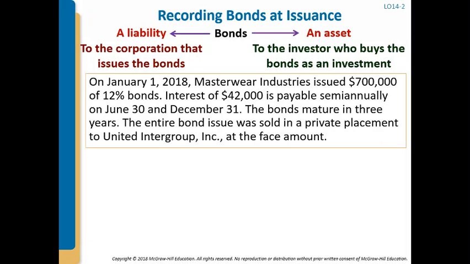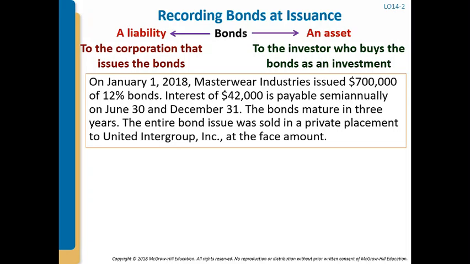All right, so here on January 1, 2018, Masterware Industries issued $700,000 of 12% bonds. Interest of $42,000 is payable semi-annually on June 30th and December 31st. The bonds mature in 3 years.